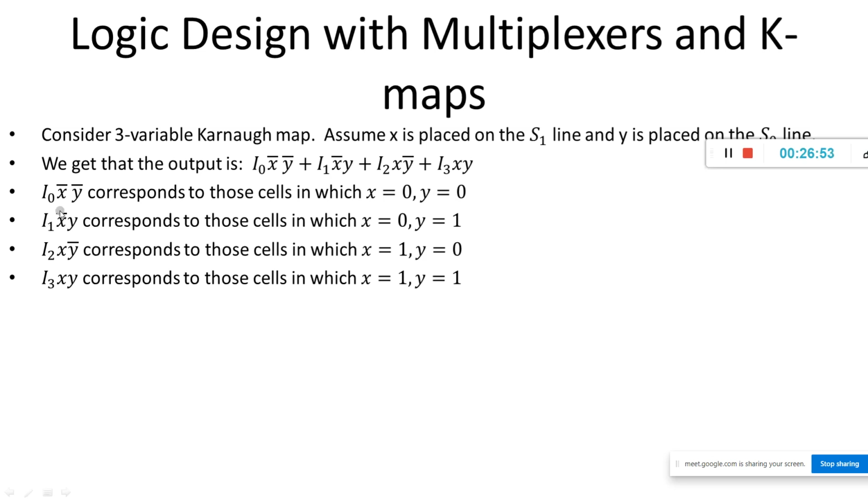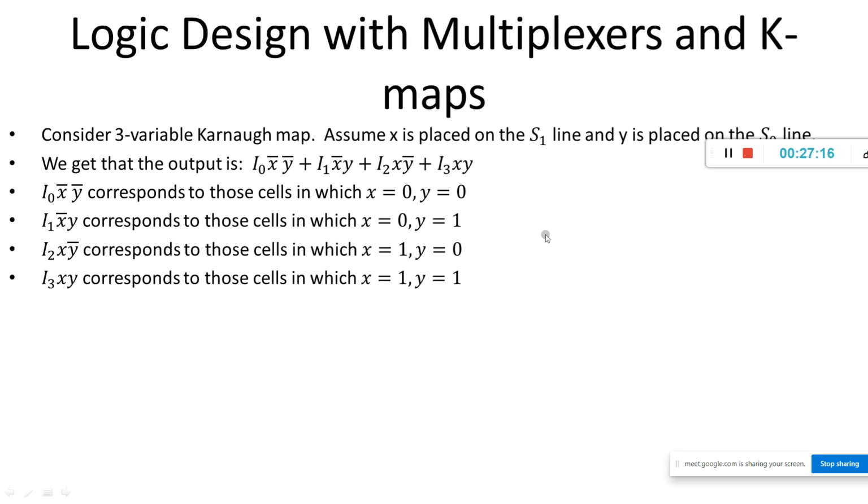Next, I1 into X bar Y corresponds to the cell in which X is 0, Y is 1. Next, I2 into X Y bar corresponds to those cells in which X is 1, Y is 0. Next, I3 into XY corresponds to those cells in which X is 1, Y is 1.